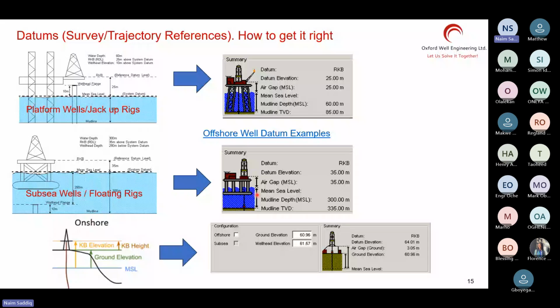Everything is expensive. The daily running cost of a jackup rig is around $500,000 per day with all the services they are drilling with. The subsea well could be 1.5 million, 1.2 million for every day.